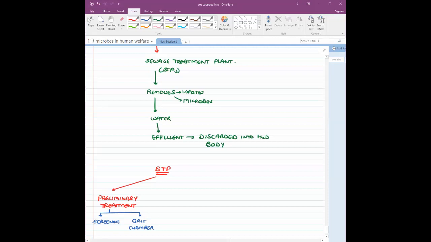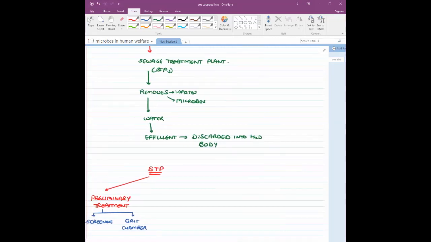Okay, fine. Then after your preliminary treatment is done, we move on to the second treatment. This second treatment is going to be your actual treatment. We call this your primary treatment. So preliminary treatment, then we are going to have this primary treatment. Now, this primary treatment, guys, remember, is known as physical treatment.